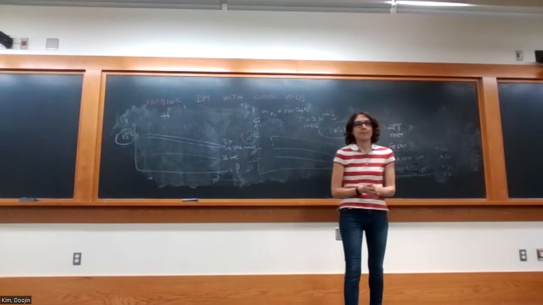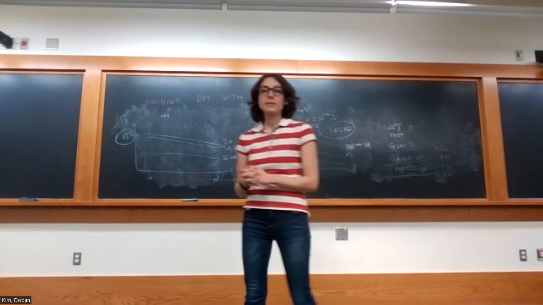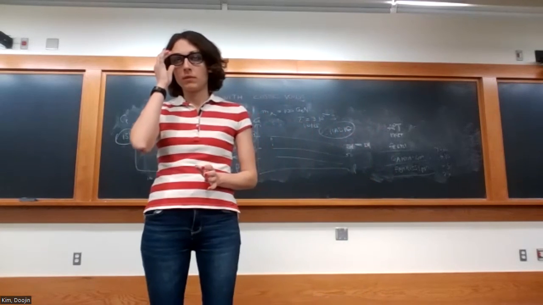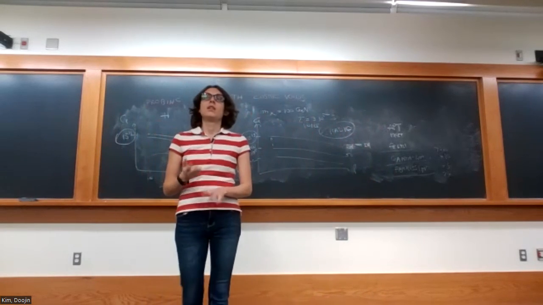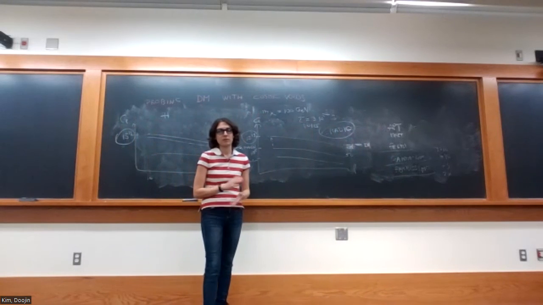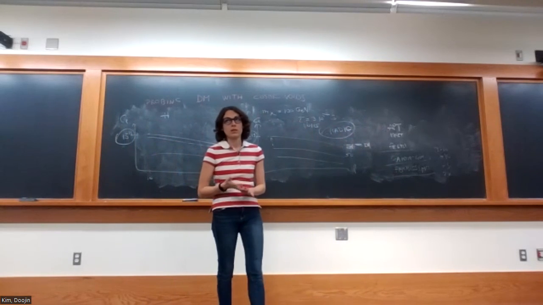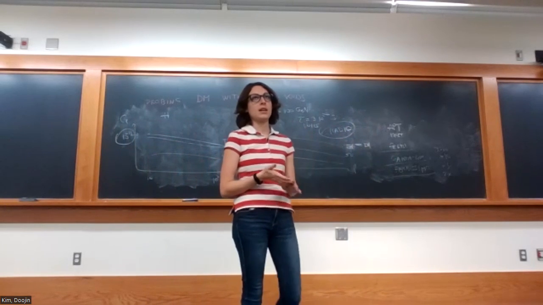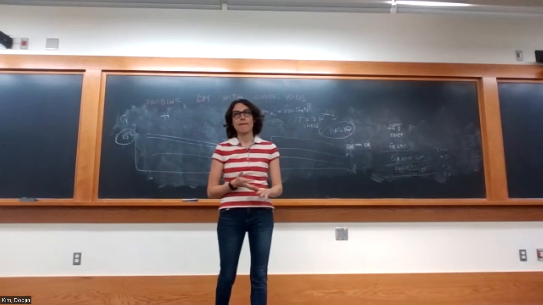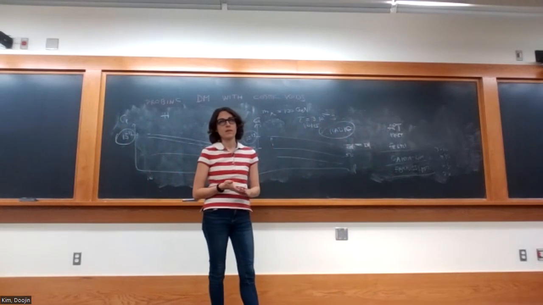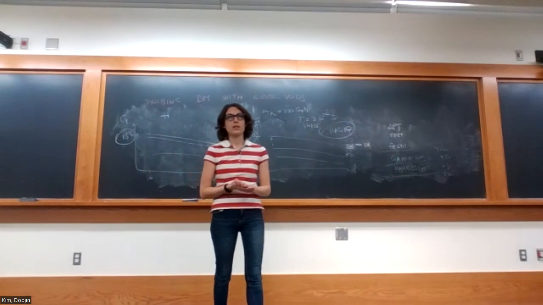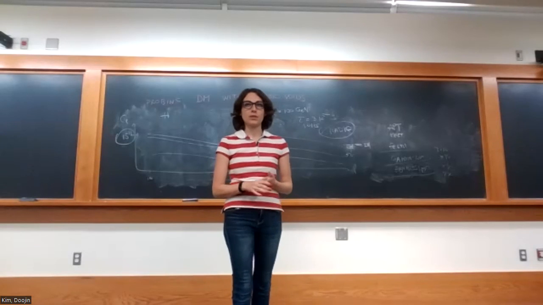Quick question: when they mentioned void probability in simulations, did they do it as a function of redshift? Because you can measure halo formation as a function of redshift. I think so, because they have the redshift information.